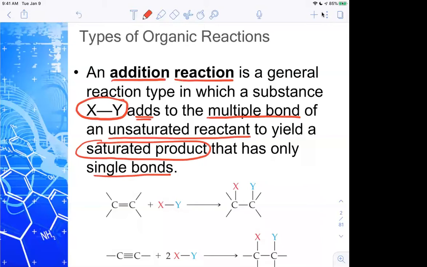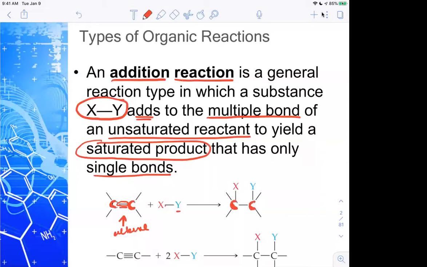So here's my alkene. And basically, this double bond is actually going to be the reactive center in that alkene. My X is going to end up on one of those carbons of the double bond. And then my Y is going to end up on the other carbon of the double bond.